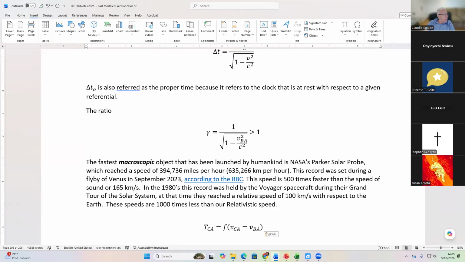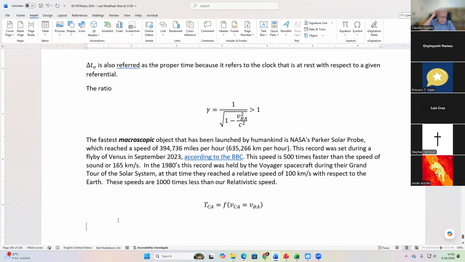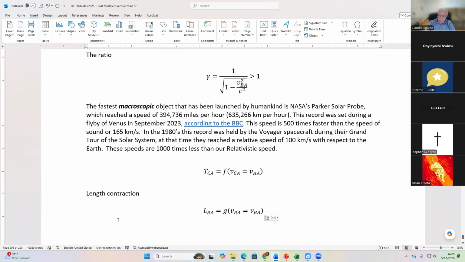And we can also say that the length of an object is also going to be a function of the velocity of your ruler, for instance.